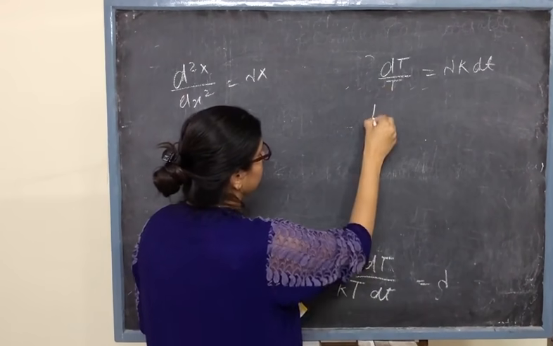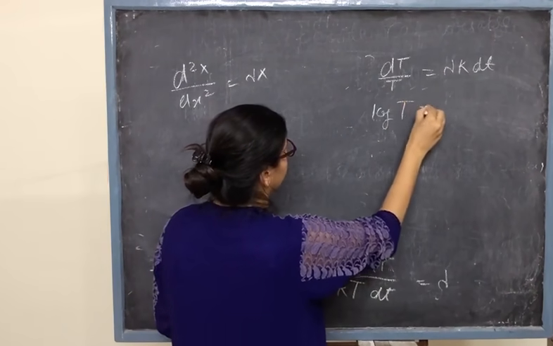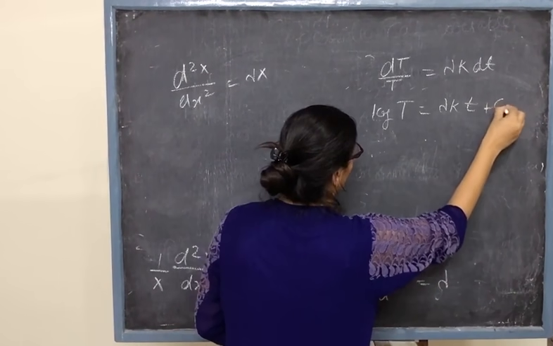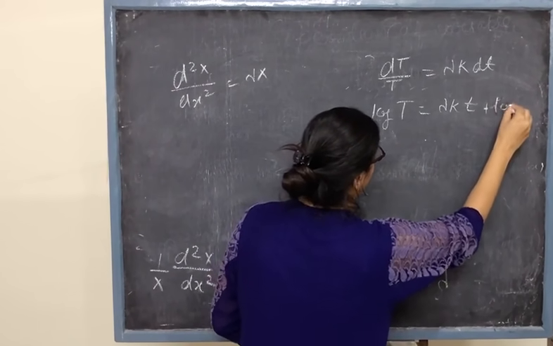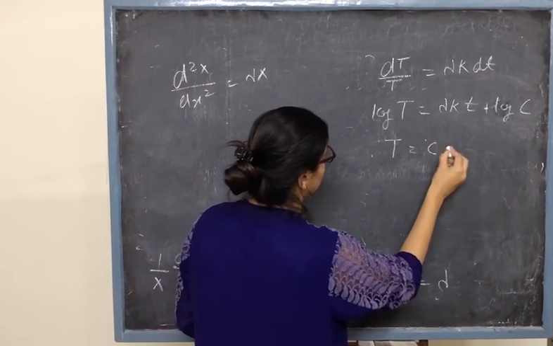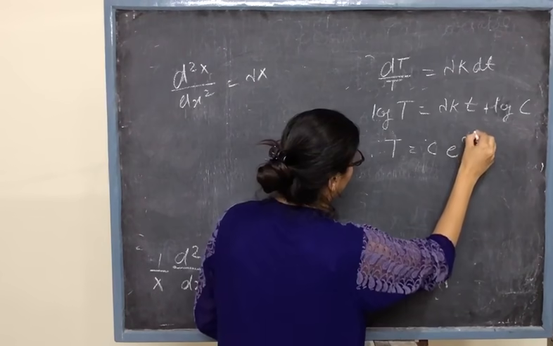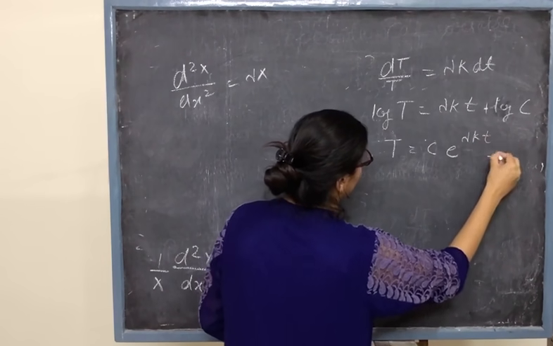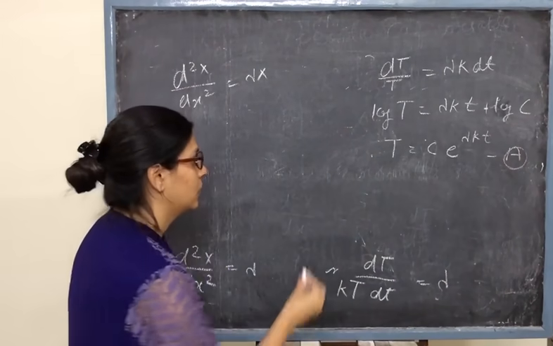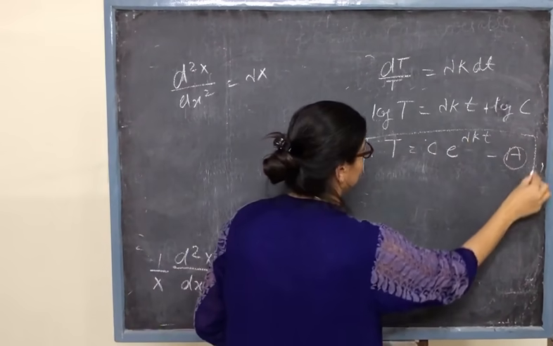On integrating this, what will we get? Log of T equals lambda k t plus some constant, taking it as log of c. So T equals c e raised to the power lambda k t. This is our solution A. So T is solved by this formula.